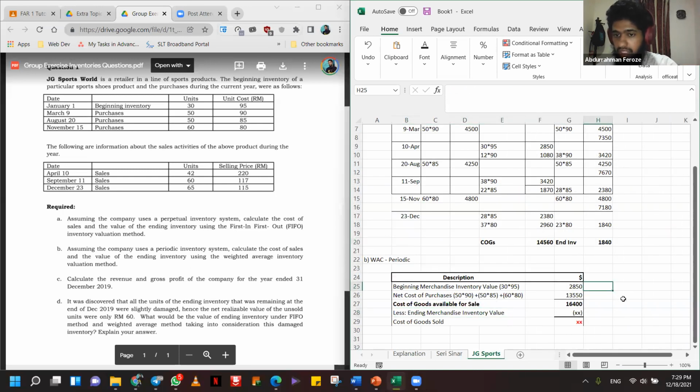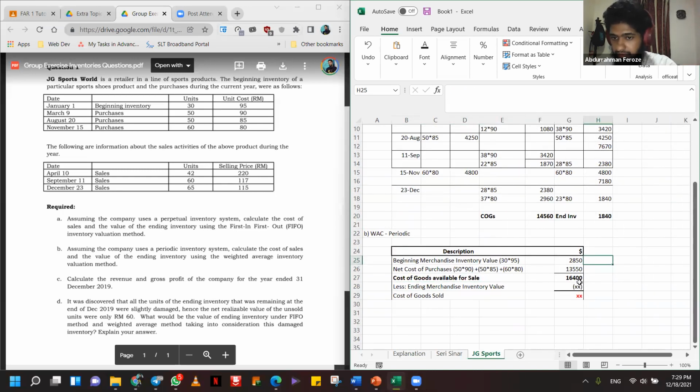The average cost per unit equals the total cost for sale, 16,400, divided by the total available products for sale, which would be 60 plus 50 plus 50 plus 30, which is 190, which would equal 86.3.